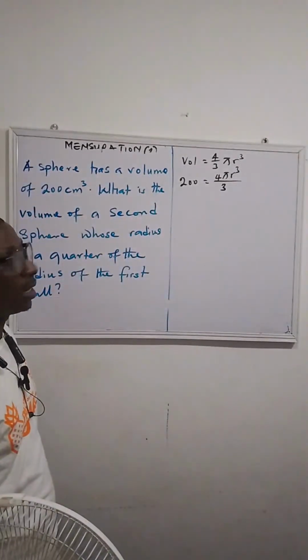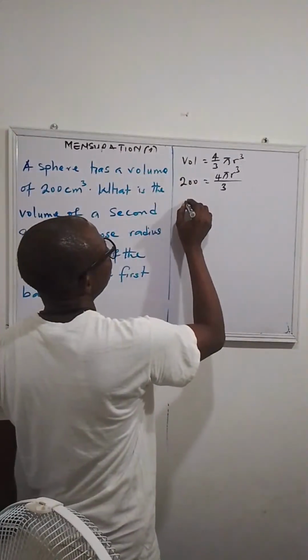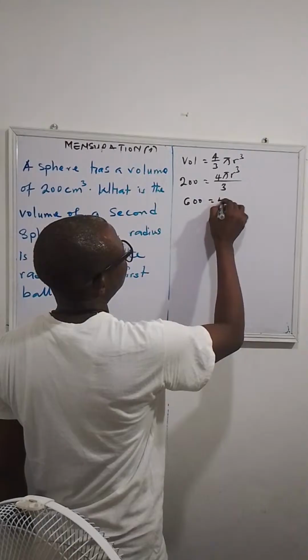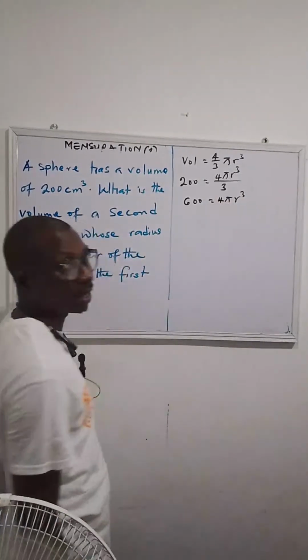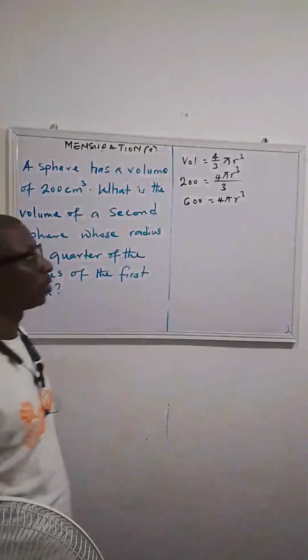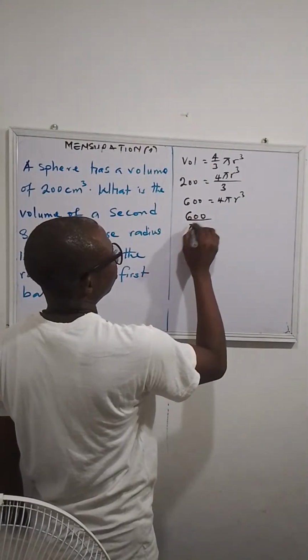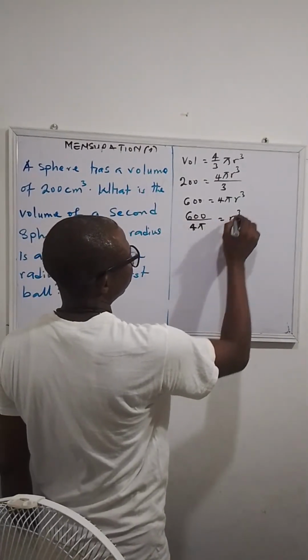Now let's cross multiply. We will have 600 equals 4 pi r cube. Let's divide both sides by 4 pi. We now have 600 over 4 pi, and that is r cube.